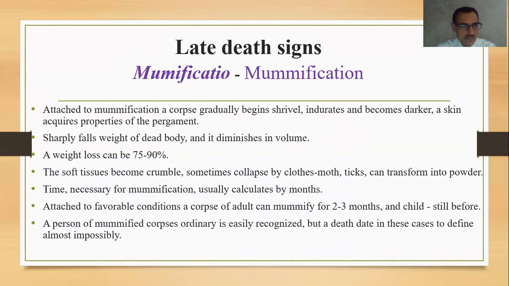Time necessary for mummification usually calculates by months. Attached to favorable conditions, a corpse of an adult can mummify for 2 to 3 months and a child still before. A person of mummified corpses ordinarily is easily recognized, but the death date in these cases to define is almost impossible.